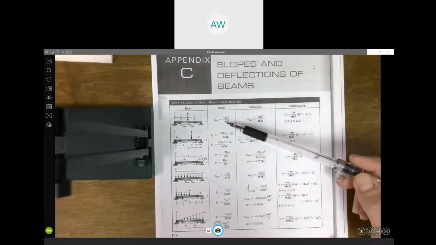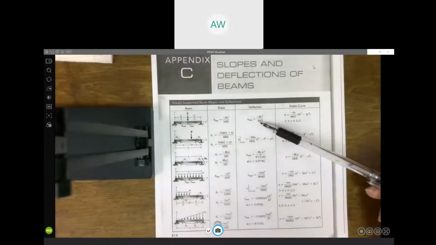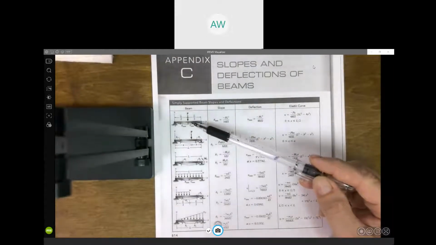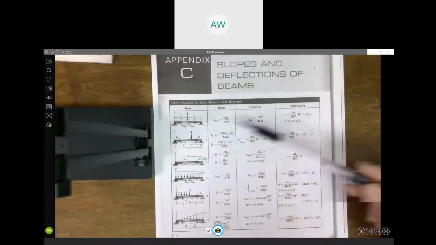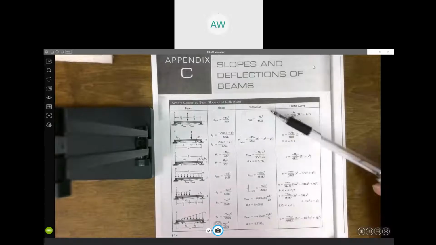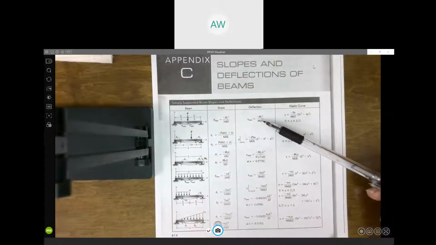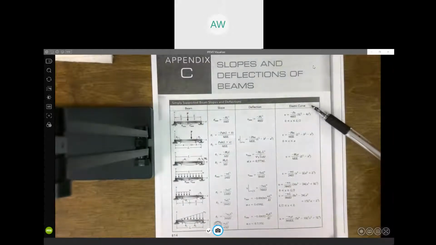So it tells you what the maximum slope or angle is. This formula tells you what the maximum deflection is and shows you where that occurred. For this loading, the force is right in the middle, so the maximum displacement is right in the middle, and that formula gives you the maximum displacement. So all you got to do is plug in P, L, E, and I, and you got your displacement. And this last column is typically where you'll find the actual curve.